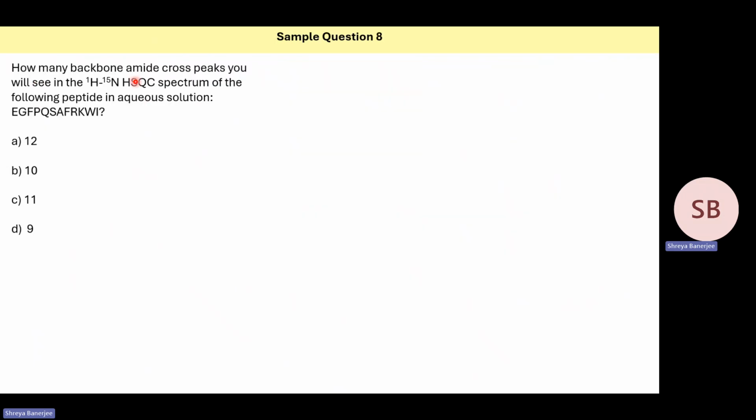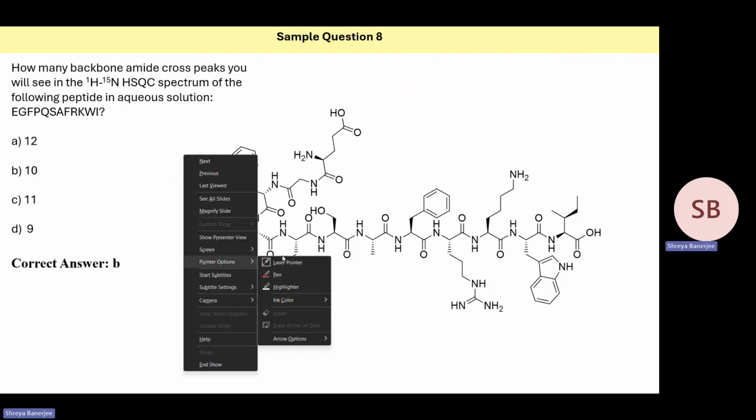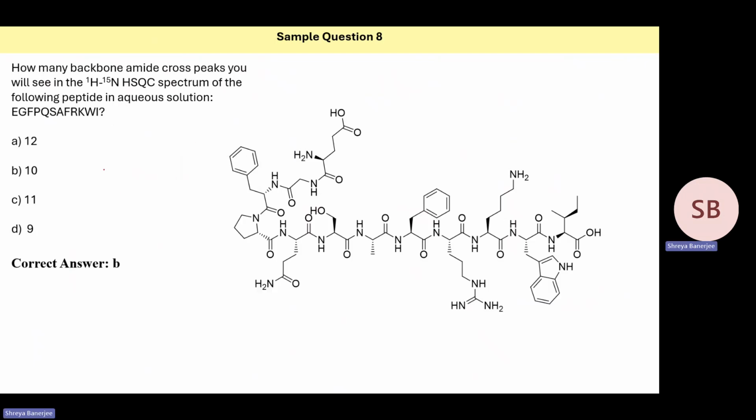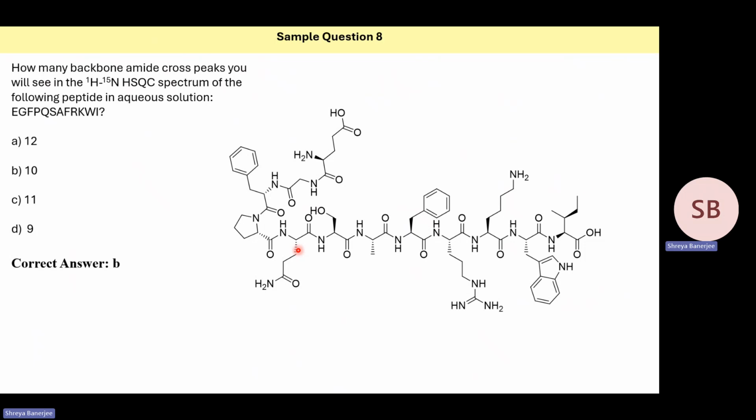Then it is asking, how many backbone amide cross peaks will you see in the HSQC spectra of the following peptide? If you look at the peptide, basically, it's talking about backbone amide cross peaks. We know that between two amino acids, there is one backbone amide.